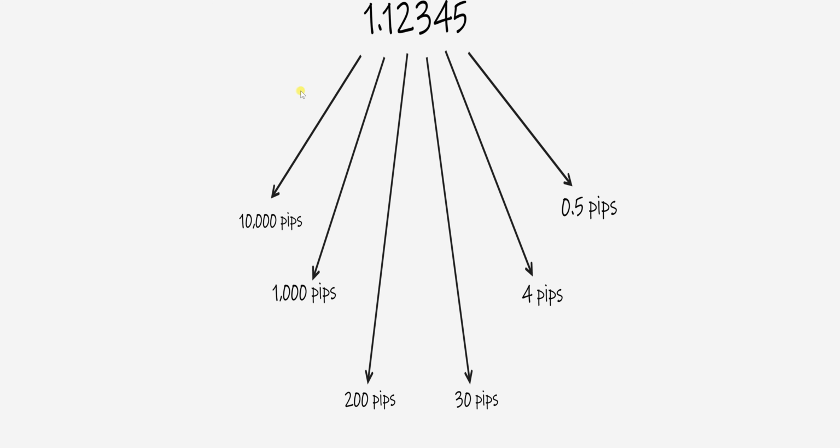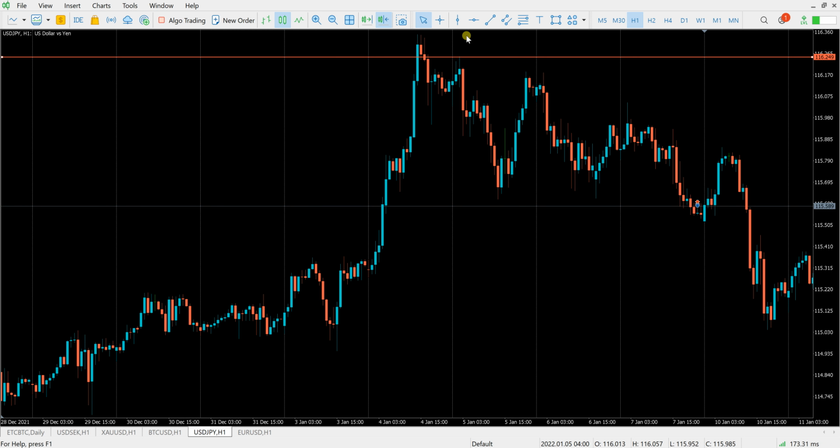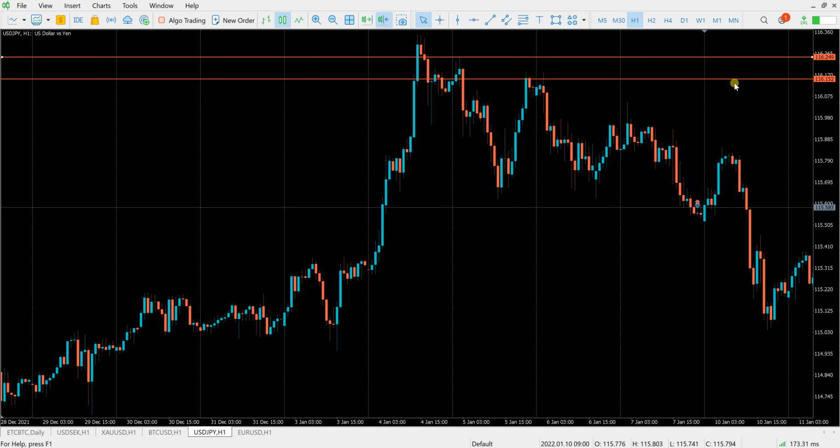So using this USD/JPY, that is the dollar yen chart, we want to take, for example, price moving from this level, being 116.249, to a new level, being 116.152.